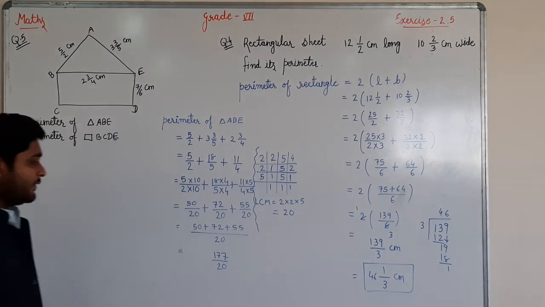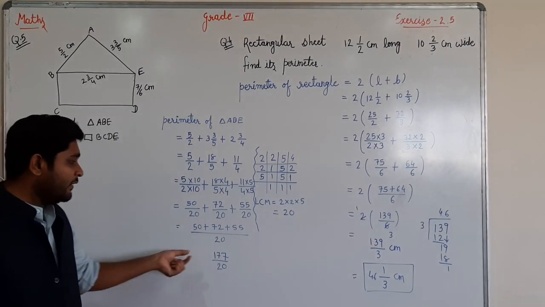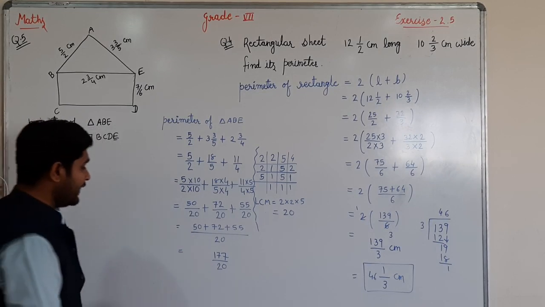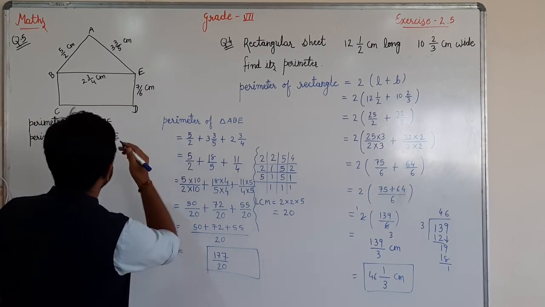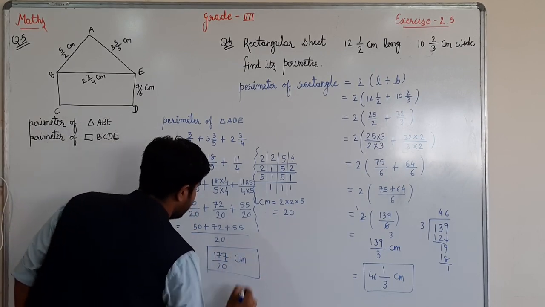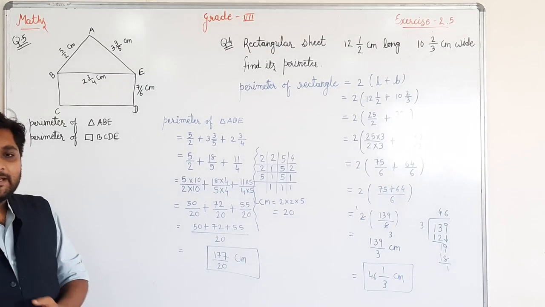So it's 177 upon 20. Now you can convert it into a mixed fraction, or directly write the answer in centimeters. So this is the perimeter of triangle A, B and E.